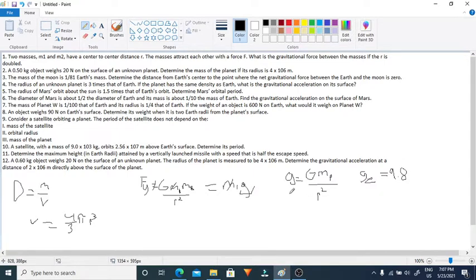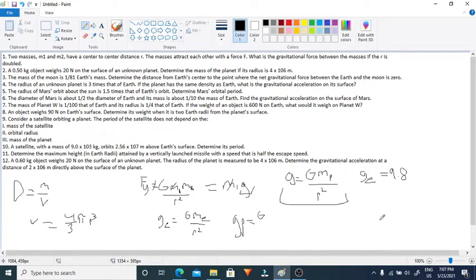So using this equation that we have found, we know that gE equals 9.8, right? Which equals G times the mass of Earth over r squared. So if we're trying to find the g of the planet, well, it's going to be G, the gravitational constant, times the mass of the planet.